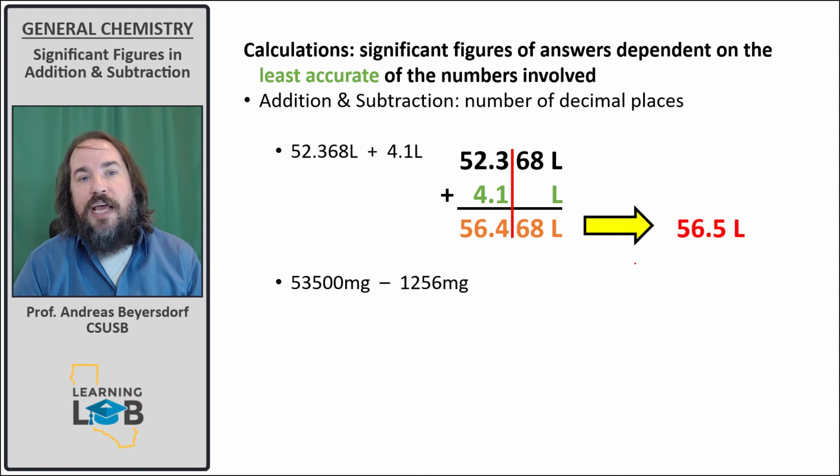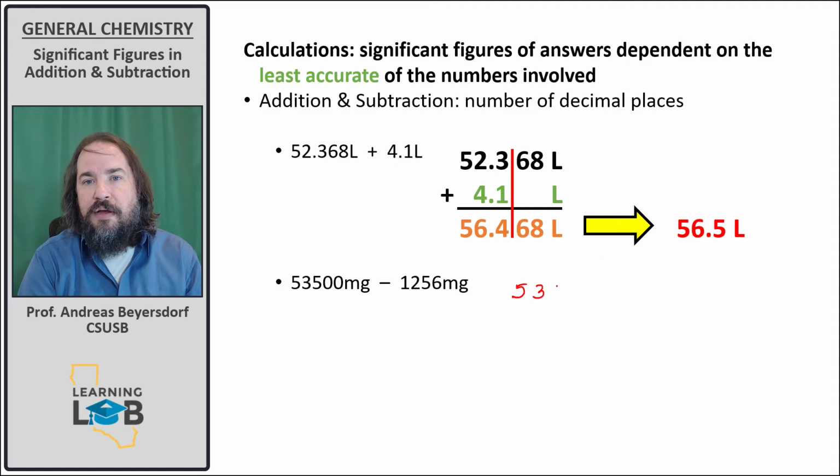Let's look at another example. Let's say we have 53,500 milligrams, and we're going to subtract from that 1,256 milligrams.